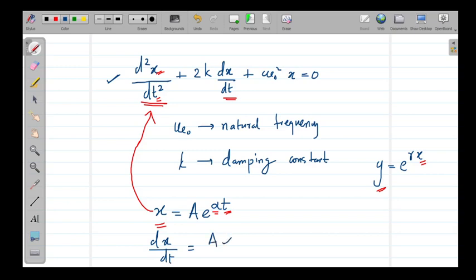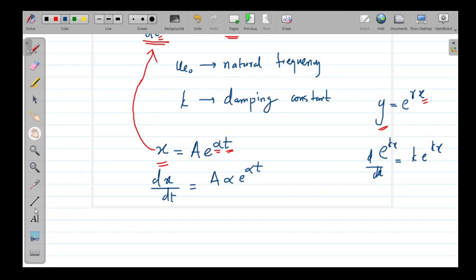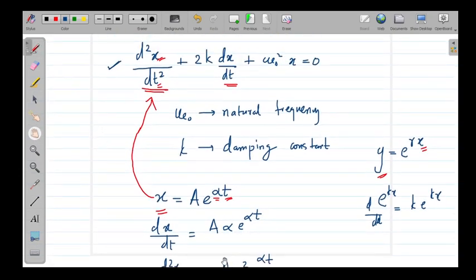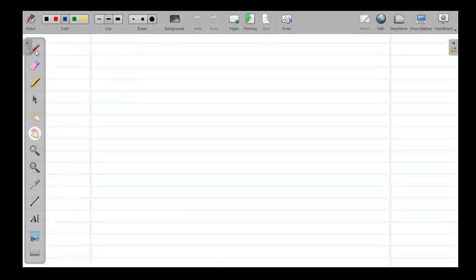It is a α e^(αt), because taking the differential of e^(kx) will bring this constant outside, k e^(kx). And d²x/dt² is, with one more differentiation, a α² e^(αt). So these are x, dx/dt and d²x/dt², and we substitute these three back into this equation.